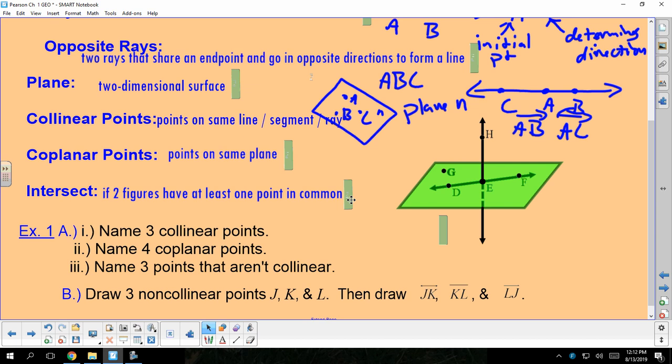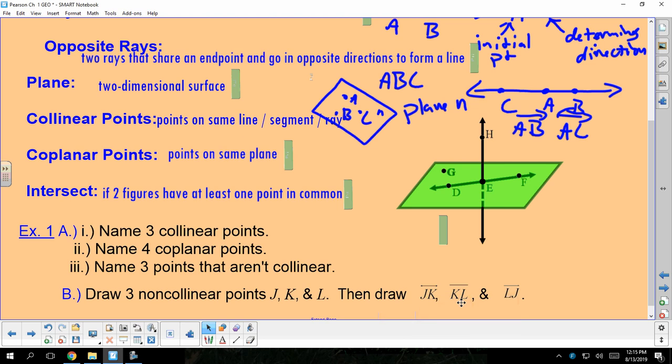Unless, what if that line lies on the plane? Then that intersection will be all points on the line. So think about how things collide and intersect, and what that would look like. All right, take a second and see if you can do example 1, and we'll go over that and wrap up this lesson.